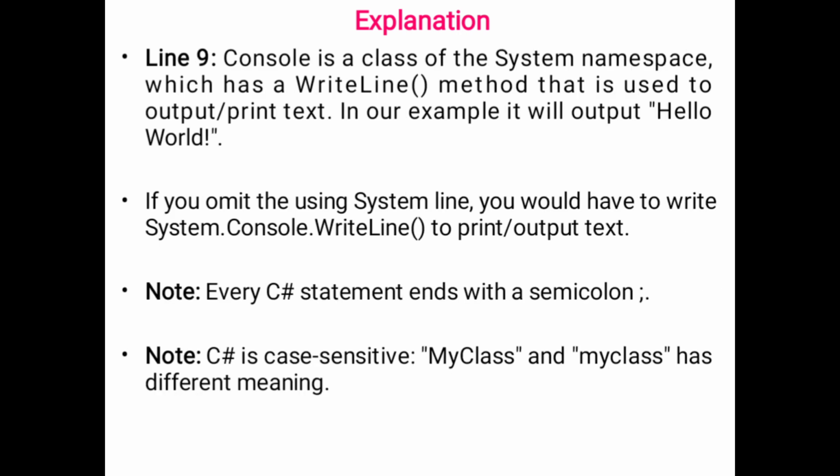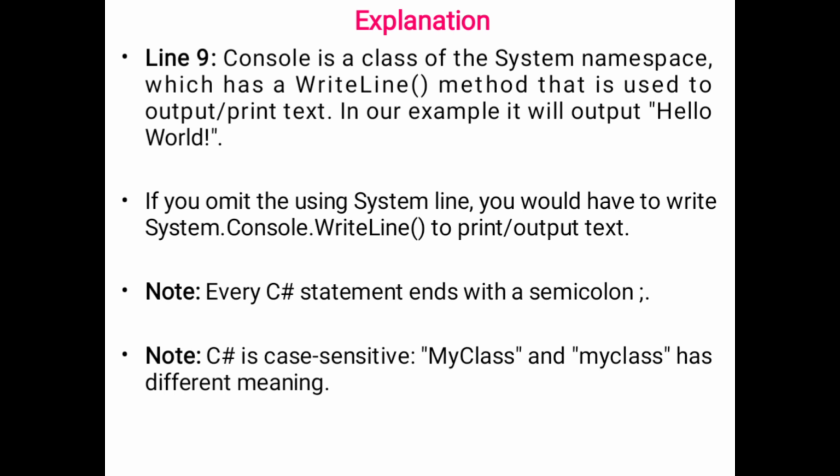Next, the final and most important one is the WriteLine statement. Console is a class of the System namespace which has a WriteLine method that is used to output or print some text. In our example, it will output Hello World. Every C# statement ends with a semicolon.